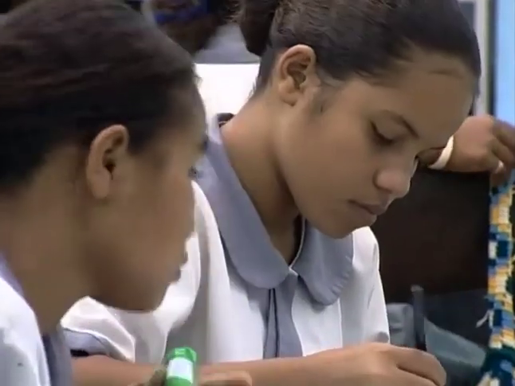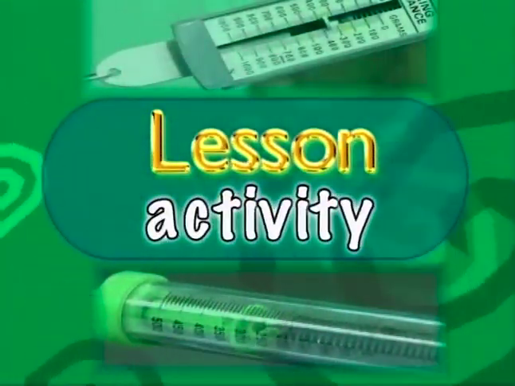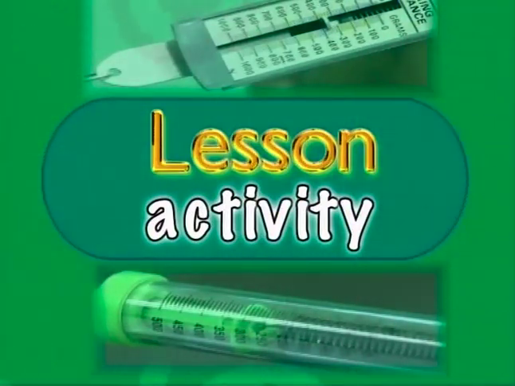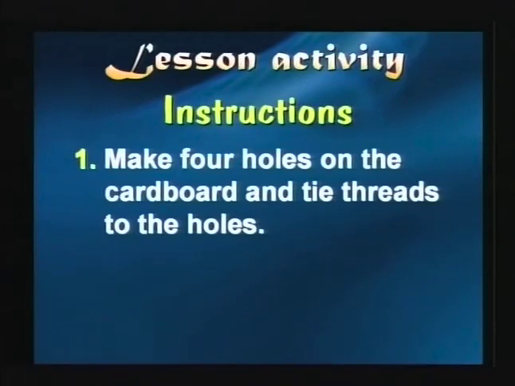Now, first instruction. I'm not going to go through the instruction. Class and the receiving students, I'd like you to see the instruction on the screen and do as it says. Please, you can start now.